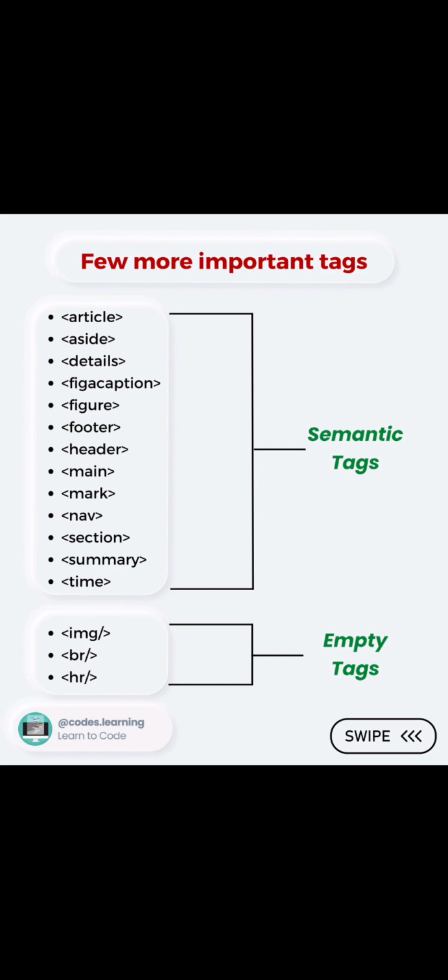So if you use the image tag, you don't have to close it, and you don't have to close the br tag. br means break, and you don't have to close the hr tag as well. So that's why it's called an empty tag. There is no closing of this tag. Like in the above section, in the article tag, you have to open the article tag and then close it. But in empty tags you don't have to close the tags.